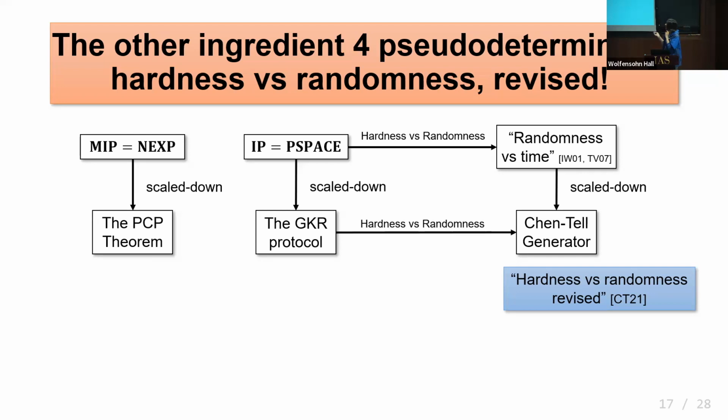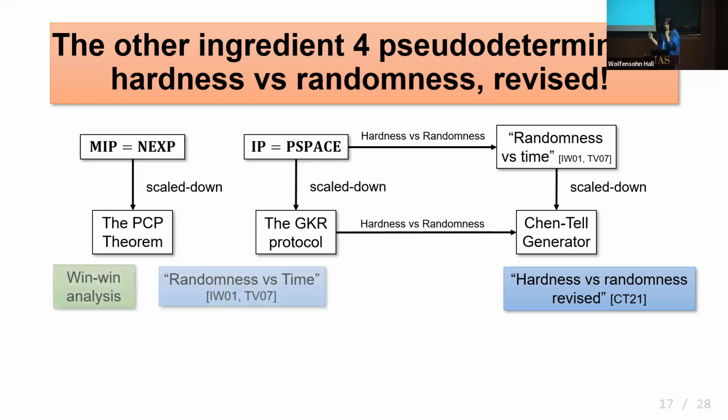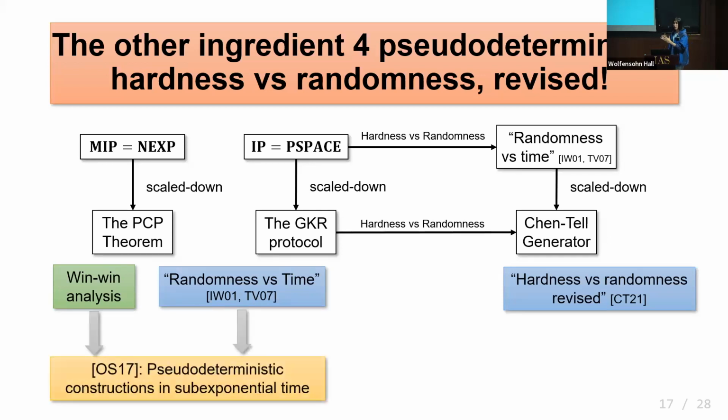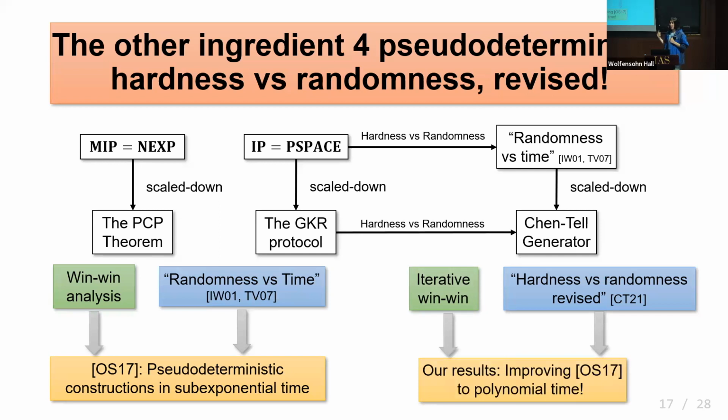In some sense, when you scale down the hardness-randomness trade-off from IP equal to PSPACE, you get the Chen-Tell generator. And the previous result by Igor and Rahul was obtained by combining a win-win analysis and the randomness versus time framework. What we do is combine the iterative win-win analysis with the scaled-down version of randomness versus time and improve the pseudo-deterministic construction to polynomial time.